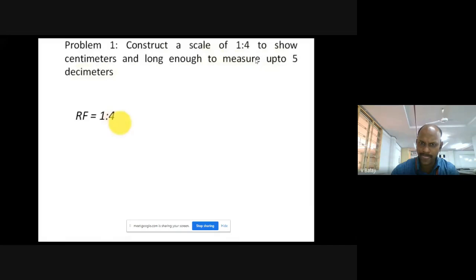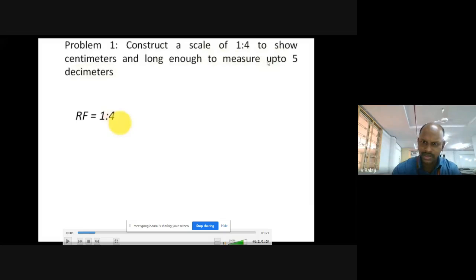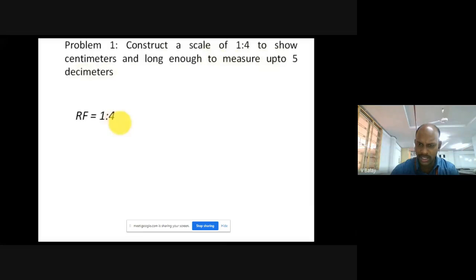Okay, so that is called reduced scale. So we are doing some reduction, 4 times reduction. Since we are not able to accommodate the total 50 centimeter on the drawing sheet, so we are using reduced scale of 1:4 to accommodate that 5 decimeters.